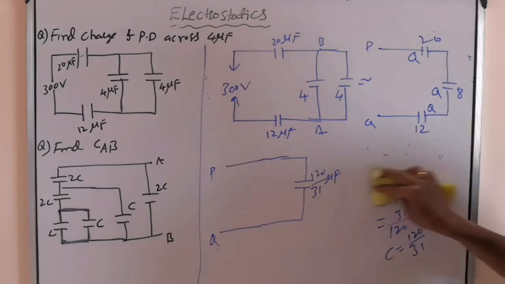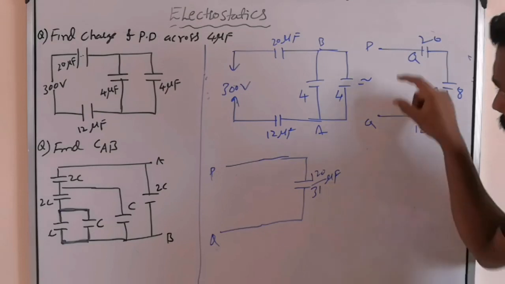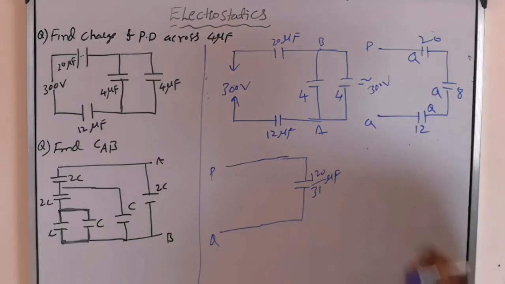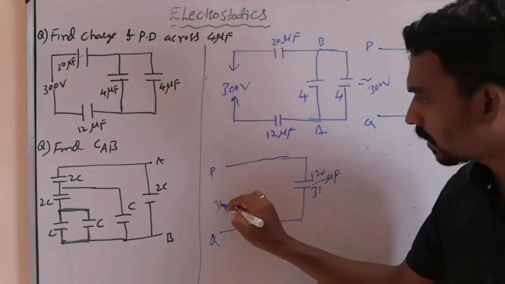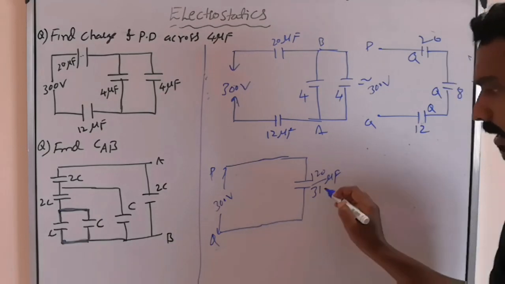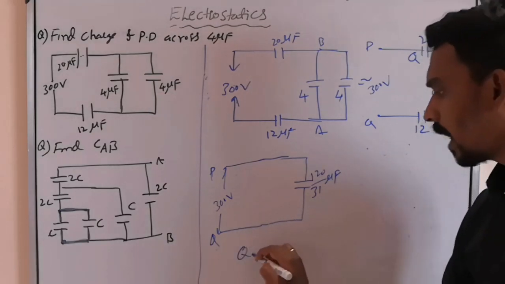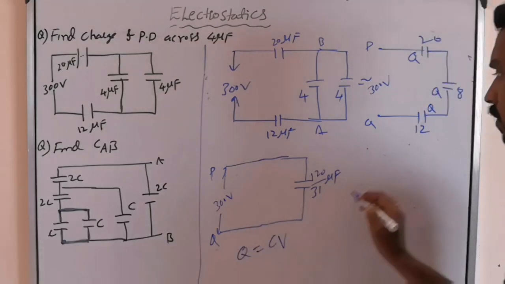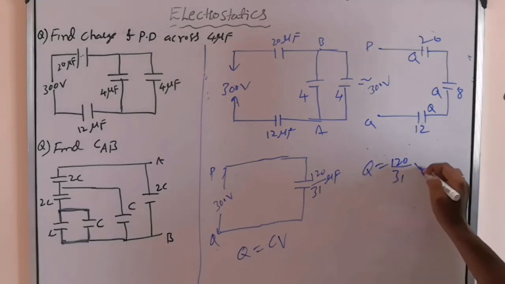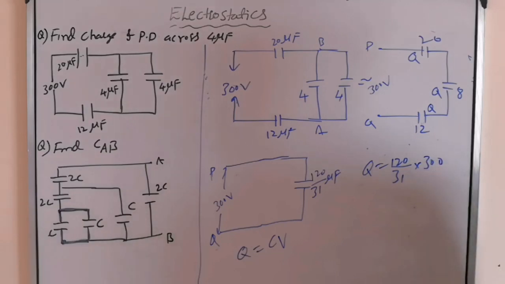Now see, for this combination, how much voltage are we applying here? 300 volt. So this is voltage, this is capacitance, so what will the charge become? Q equal to CV, 120 by 31 into 300.